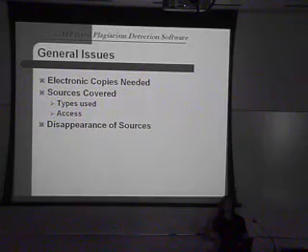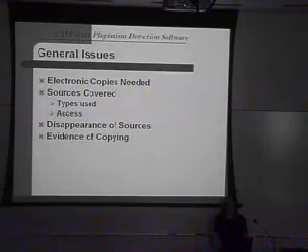Of course, there's also print sources, which the software will not address. Evidence of copying. There's a lot of different kinds of evidence of copying. And that's not only identical language and so forth, but also copying the format of citations. It's also, you can find copying by seeing slip-ups in internal references where they've copied and they forgot to change the references.